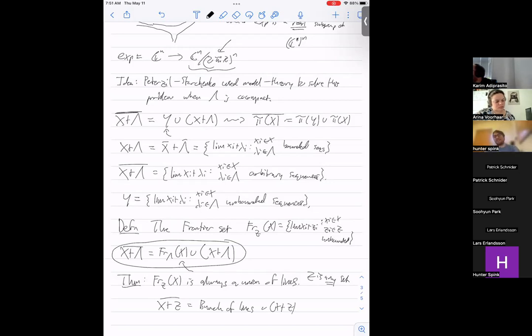So the relevance of this, in the context of the original question, is that when I take the image of a line under this projection map, it's going to end up wrapping around this square that I drew, and it's going to fill up one of these toruses, one of these compact subgroups.